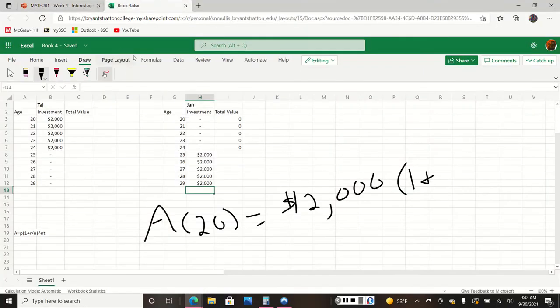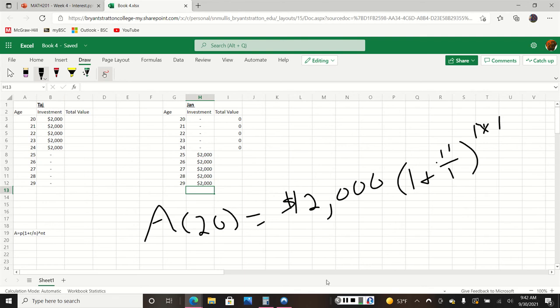So we'll put 0.11 divided by, and then the number of years, that's 1 year. And then the n, or the number of compounds, is 1 times, and it's 1 year. So that just equals 1.